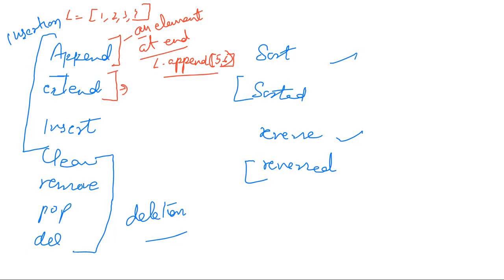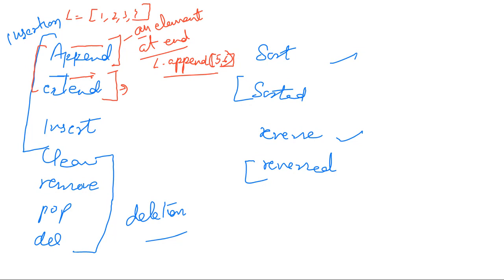The only difference between these two is that append will insert a single element, while extend will insert multiple, from an iterable. Now you know that an iterable means you can make use of a list, string, tuple and so on.